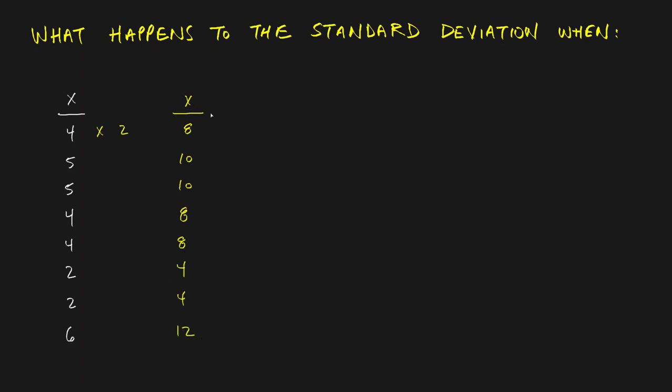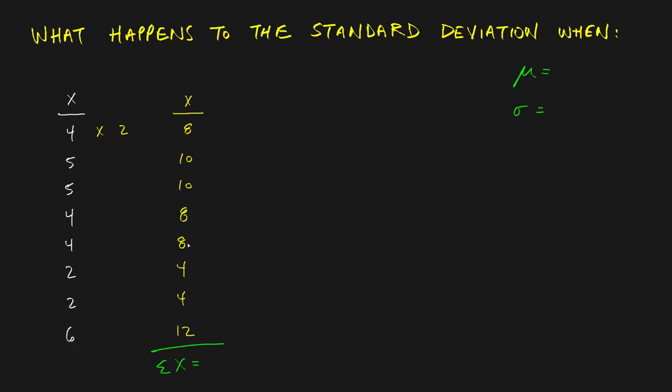Okay, so once again, what I'm going to do is find the mean and the standard deviation. So to find the mean, I need to know my sum of x. If you go through this data set here, let's see, 8 and 10 and 10 and 8, that's going to make 36.